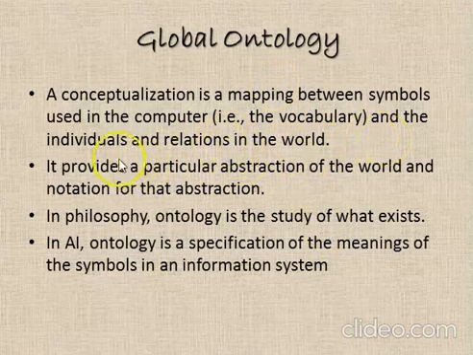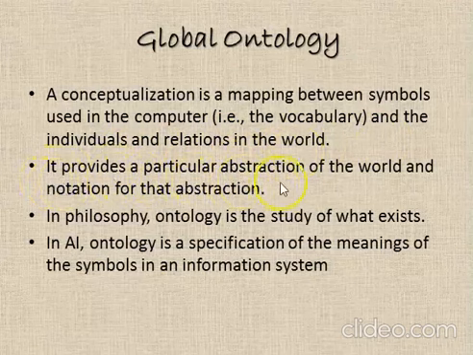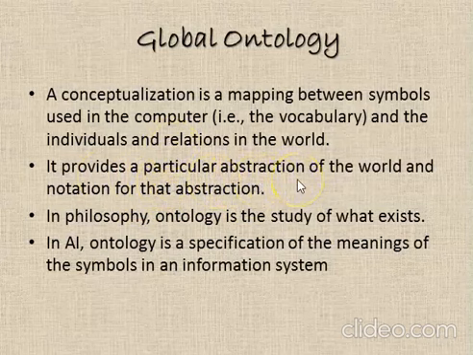This should depict the individuals and relations in the world. It provides a particular abstraction of the world and notation for that abstraction. Only some things are being considered, that is what is meant by abstraction, and we should have some notation for that considered abstraction.